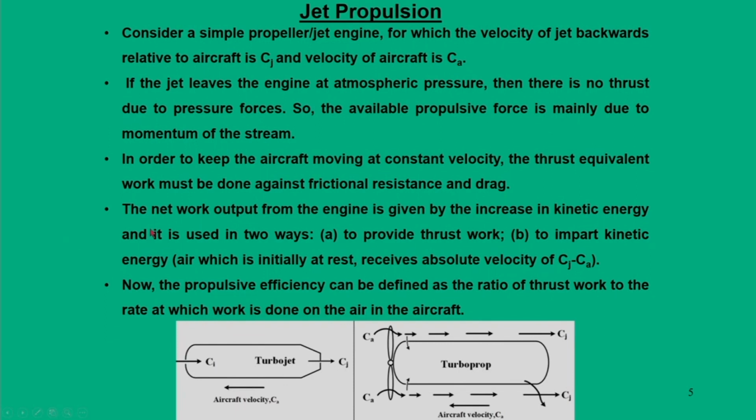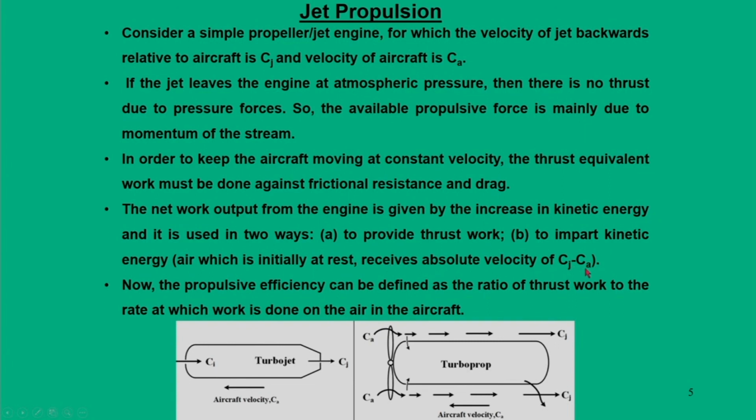Basically, the net work output from the engine is given by the increase in kinetic energy through the jet, and it is used in two ways. First, this kinetic energy provides the thrust work, and also it imparts kinetic energy to the air, which was initially at rest, so that it receives a velocity Cj minus Ca.